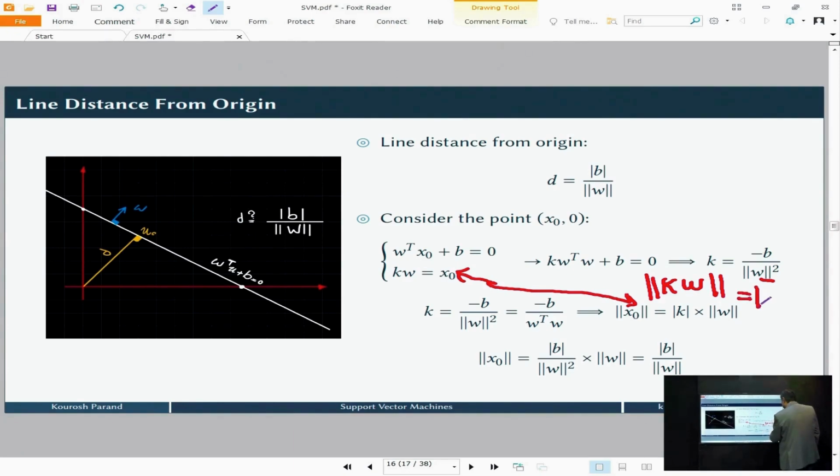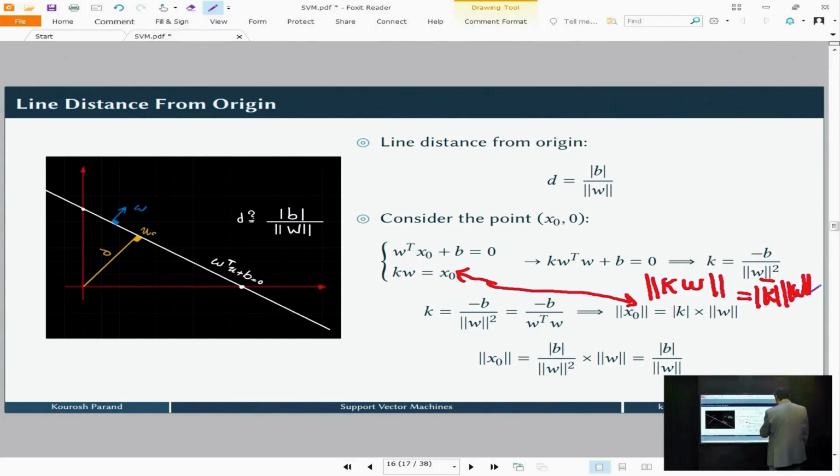This means it's in the form of the absolute value of k times the norm of w. So the norm of x0, the magnitude of x0, which is what we are looking for, is equal to the absolute value of k times the norm of w. Everyone, what is k? It's negative b over the norm of w squared.